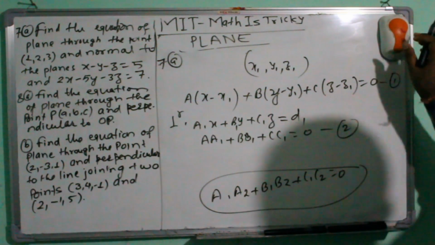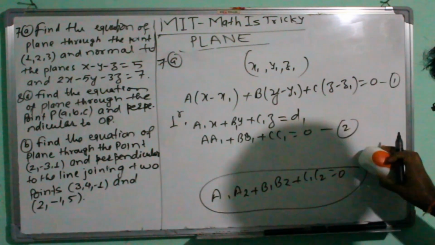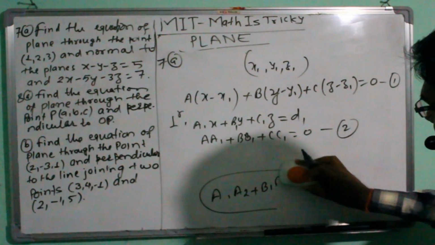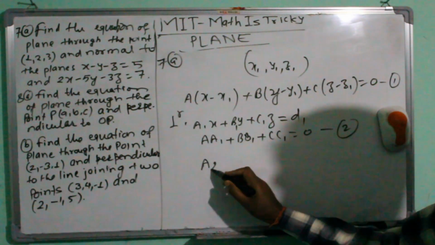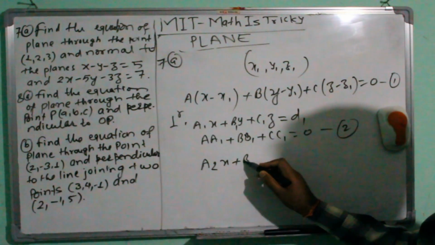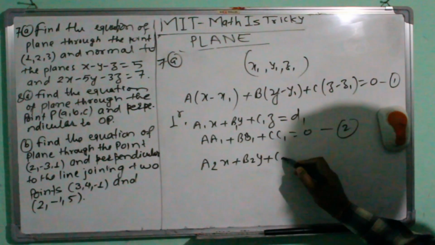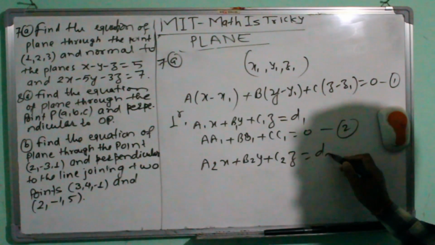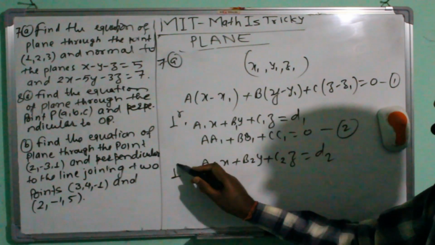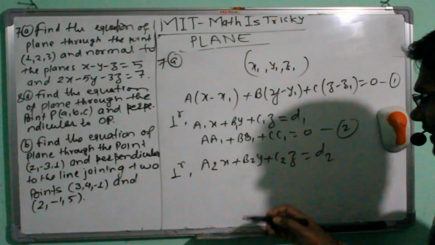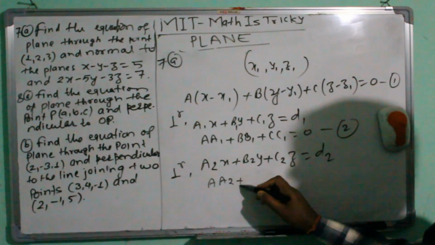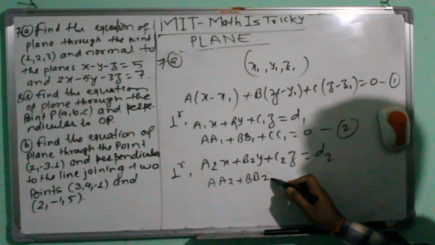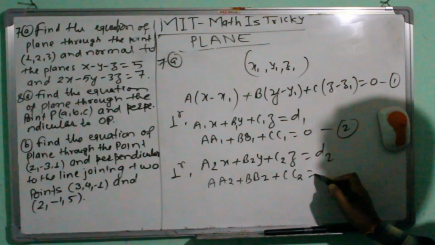Suppose again the plane 1 is perpendicular to another plane a2 x plus b2 y plus c2 z equals d2, then again by the condition of perpendicularity we can write a a2 plus b b2 plus c c2 equals 0.